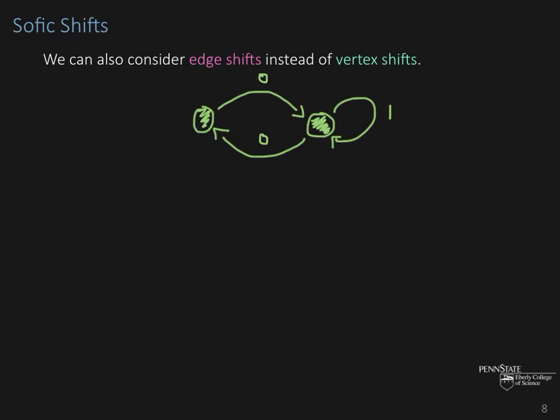The difference is now that the vertices are not labeled anymore, but the edges are labeled. And now the edge shift given by this graph is the set of all infinite sequences that are obtained by just following a path in the graph and noting the labels of the edges along the way.